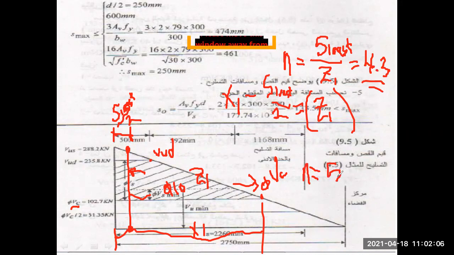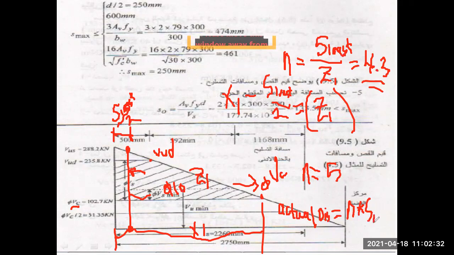So the actual distance that will be reinforced will be equal to the number of stirrups, which is 5, times the spacing, S least.